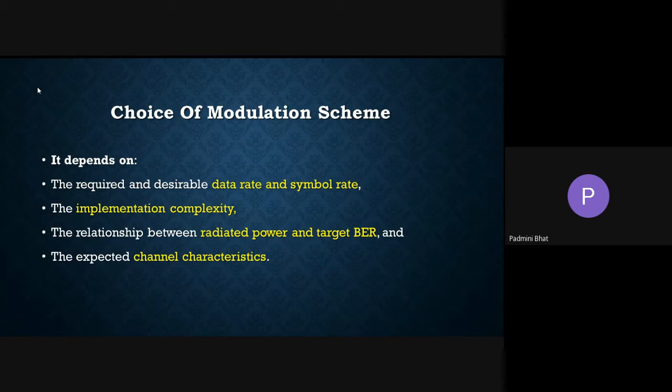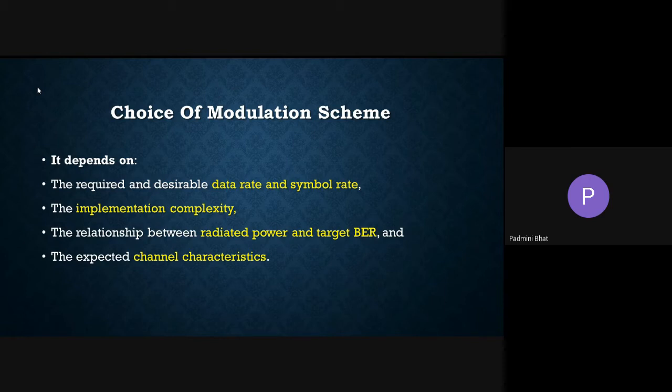So then what else? Okay, the implementation complexity. As you may think now, if to represent one phase I'm using 32 bits, next if to represent one phase I'm using 64 bits, then how complex would the circuitry be? Yes, the circuit is very complex.